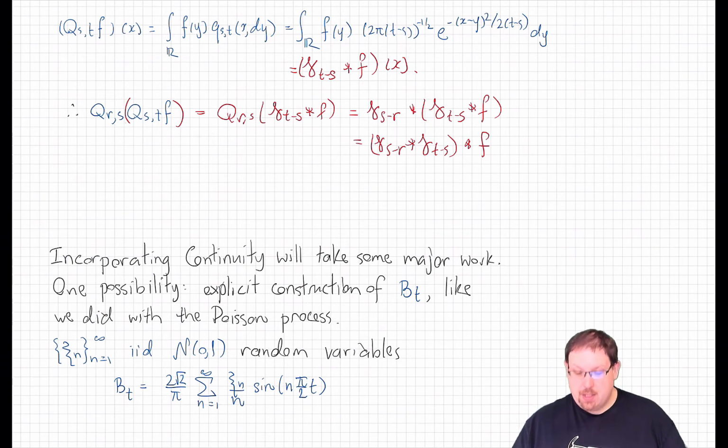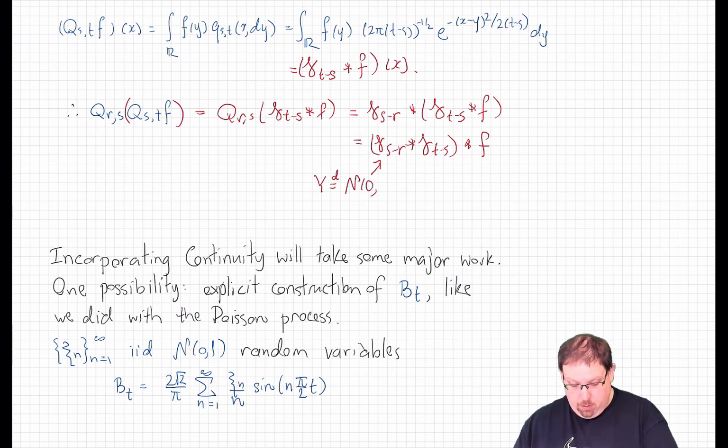Now here's the thing. What does that convolution mean? This is a convolution of two probability densities. This is the density of a random variable y, which has distribution normal, centered, variance s minus r. And this one is the density of a random variable z that is normal, centered, with variance t minus s.